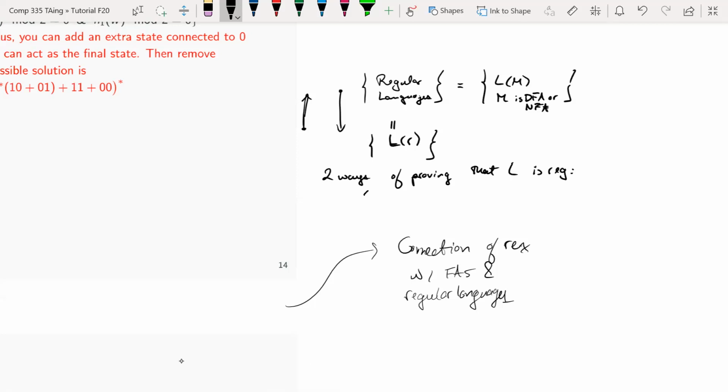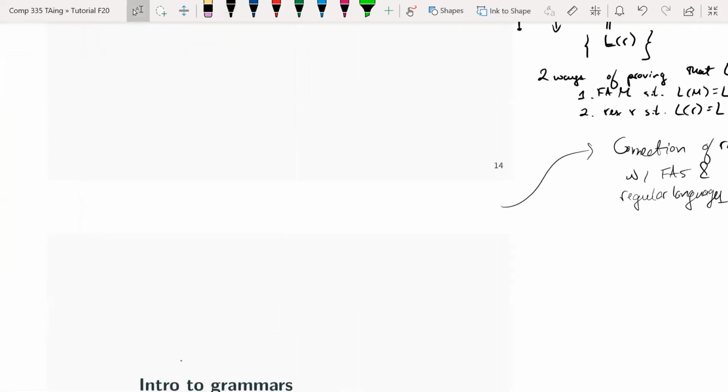The first way is you create an FA M such that L of M is equal to L. The second way, because we know that FAs are equivalent to regular expressions using this algorithm, is you create a regular expression R such that the language denoted by R is L. You can use either of these two methods to show that a language is regular.